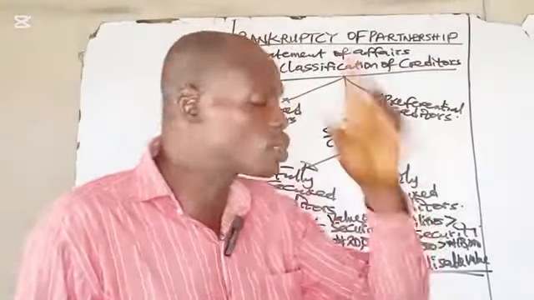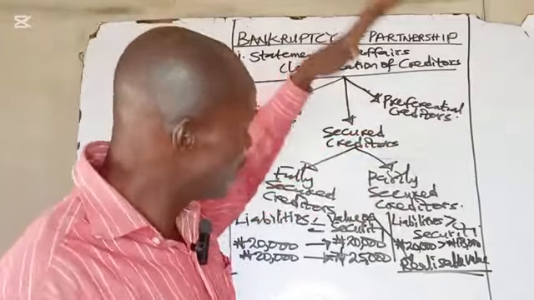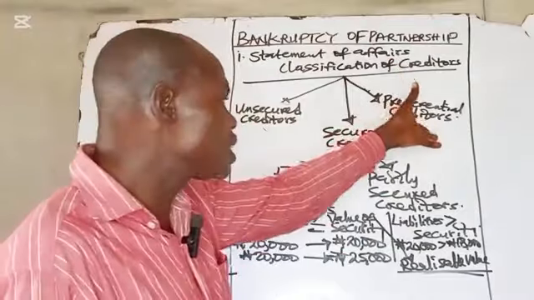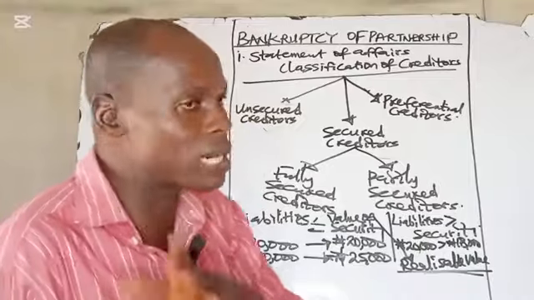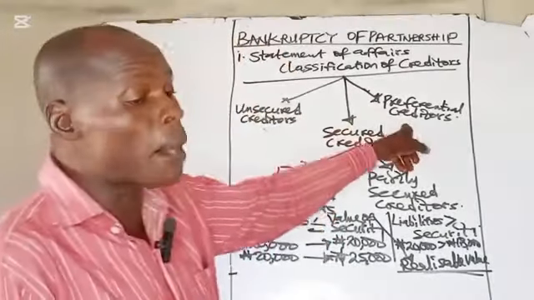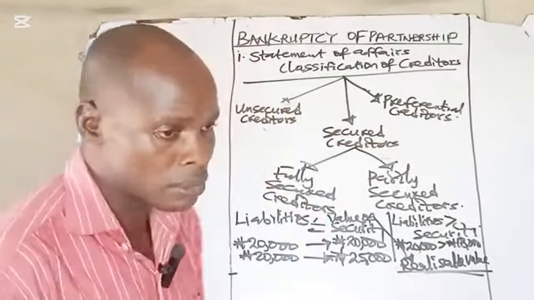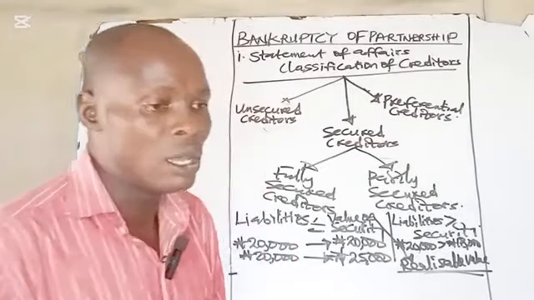They will be settled in priority to other forms of creditors. Their claims will be met before the claims of other classes of creditors are considered. Take note of that.